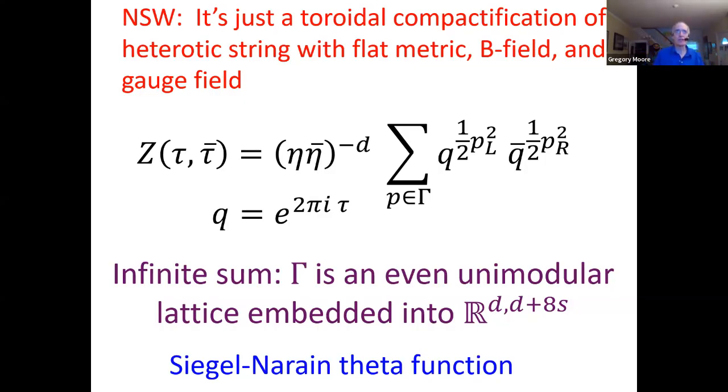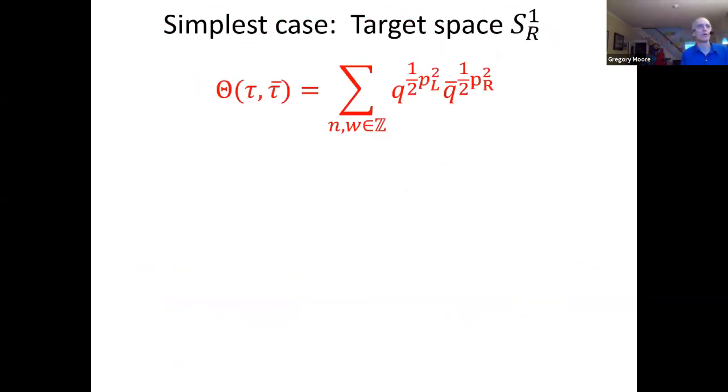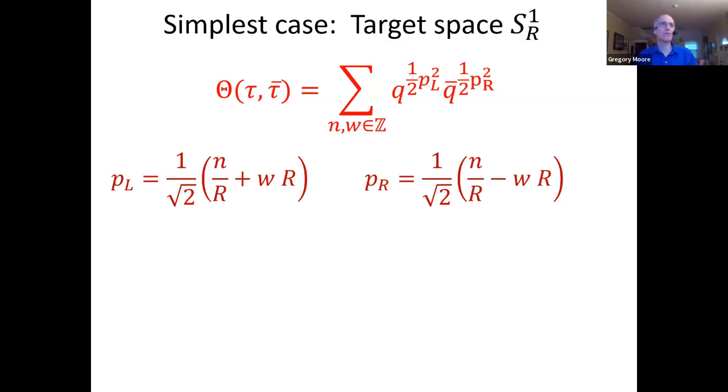So for our story today, it's useful to look at the simplest case where the target space is just a circle of radius r, and then the Siegel-Narain theta function becomes a sum over two integers, n and w, and the p left and the p right are just real numbers, which are related to n and w, and the radius r by these famous formulas.